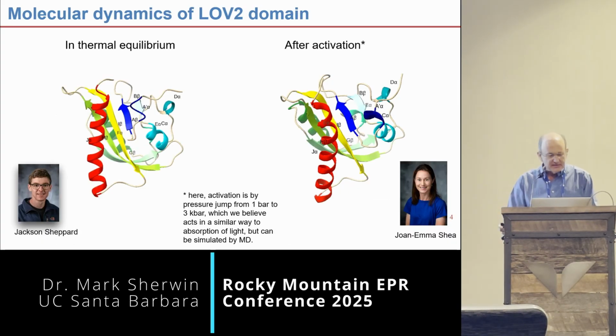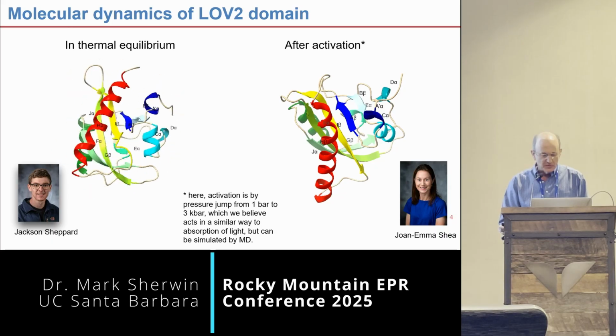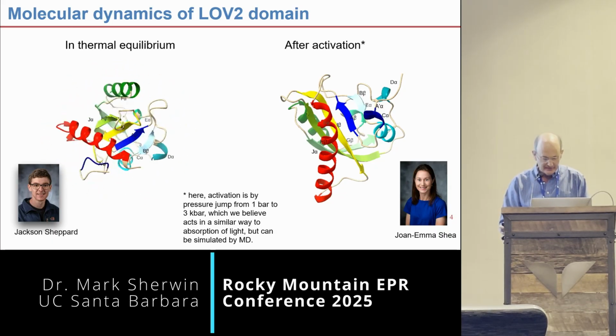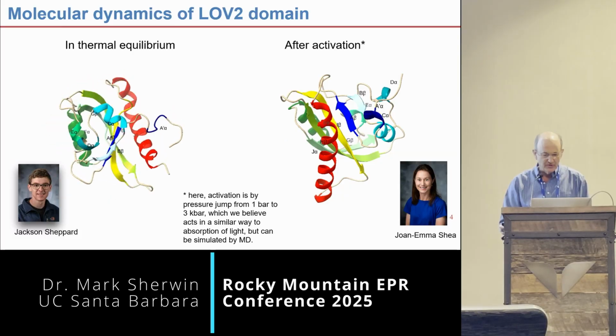So here are some molecular dynamics simulations. I've already shown you the molecular dynamics simulations in thermal equilibrium. These are simulations after activation. It's difficult to do MD simulations that accurately incorporate the activation of the flavin, so we're substituting a pressure jump, which we believe may activate similar motions.